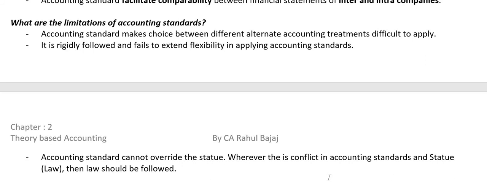It means if law is saying something and accounting standard is saying a different thing, then one has to follow the law. Law has to be followed and accounting standard has to be ignored. This is very important. Whenever there is a conflict between accounting standard and statute, law should be followed and accounting standard ignored.